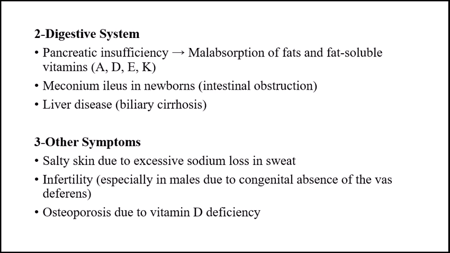Thick stool blocks the intestine, causing intestinal obstruction at birth. Then liver disease: this mucus blocks bile ducts, causing liver damage and scarring. Salty skin, with loss of too much sodium in sweat. Infertility is also common in this case, with absence of the vas deferens, the tube carrying sperm. Males are often infertile.